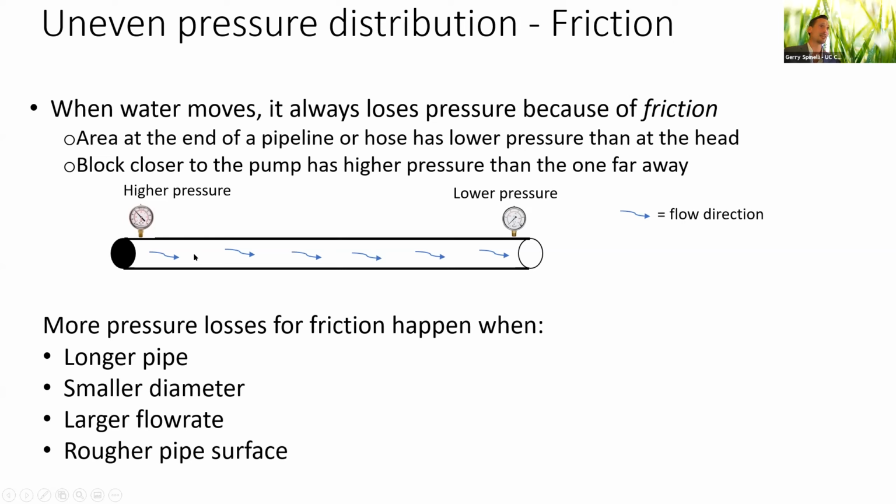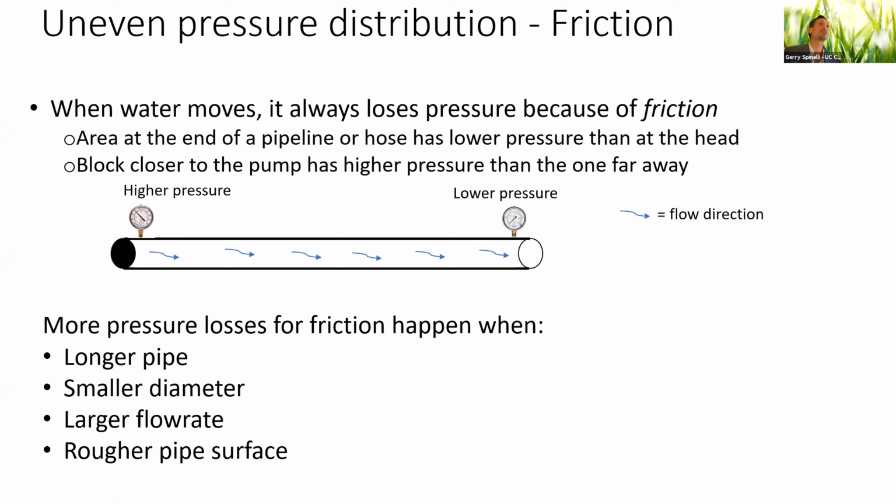So if you have a gallon at the beginning of the pipe, and you hold that volume constant, and you move that gallon down towards the end of the pipe, it must have lost energy because it moved, but the volume stayed the same, so the pressure must have reduced. So every time that water moves, the pressure decreases.